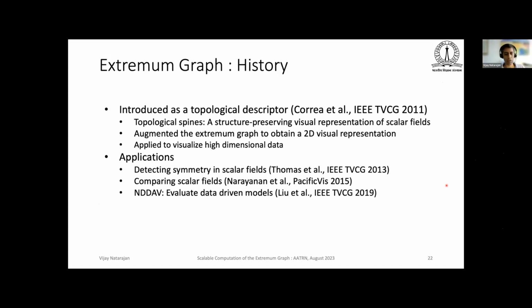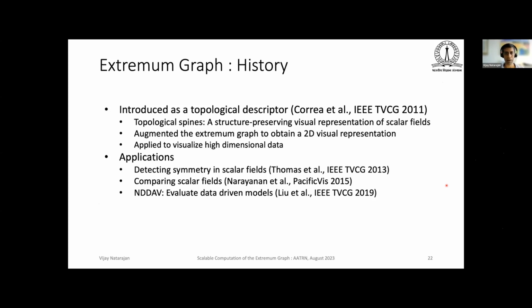Right. So I think there are a series of papers. I list only one, which comes with a tool called NDDAV. So the idea is the following. Let's assume you have some high dimensional data. Then one way to explore this high dimensional data is to project it into lower dimensions using one of the standard techniques, beginning from PCA to, I don't know, TSNE or what have you.